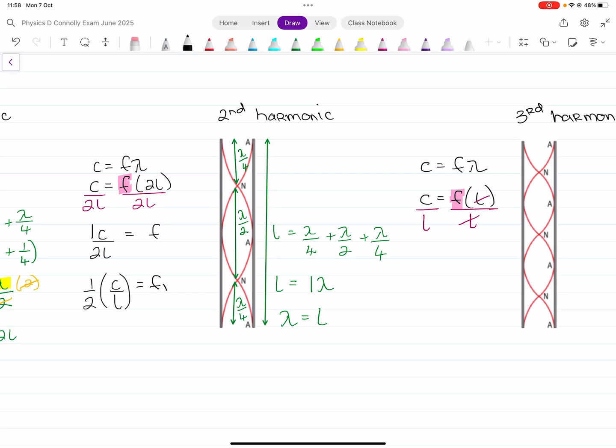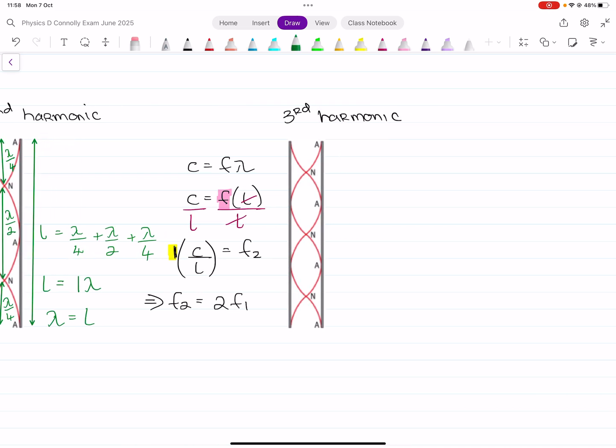So that is just C over L equals F. This is the second harmonic. So hopefully from that you can see that F2 is twice F1. This is essentially 1 times C over L. And this is a half C over L. So F2 is double F1.